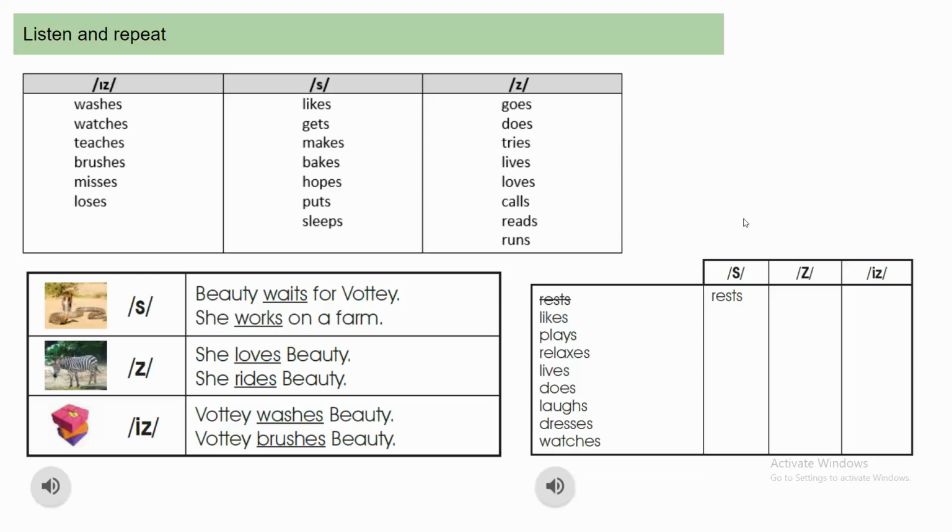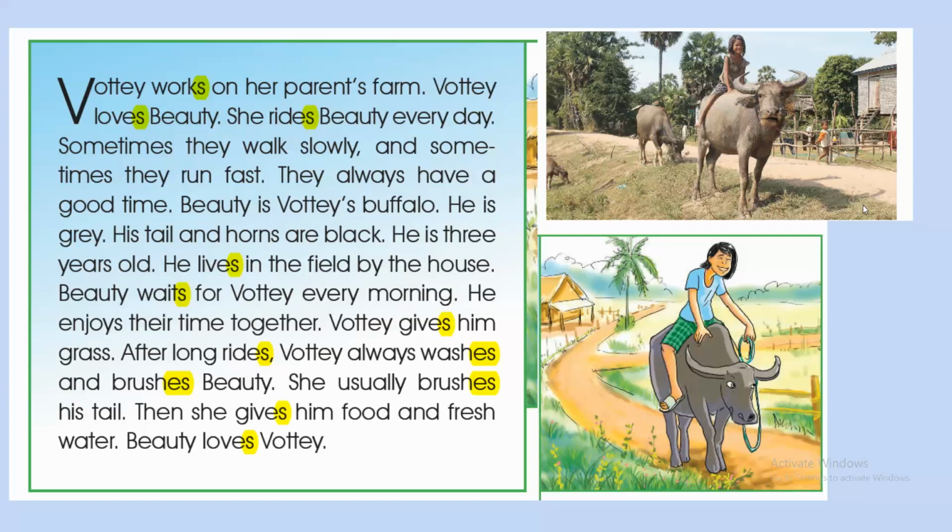Okay. And now don't forget to put those words into the columns, right? Or you can look back at the end of the sound that we pronounce, that goes with z or iz. Now let's go on. Now we go to our lesson today. Our lesson today is talking about Watai and her beautiful buffalo.